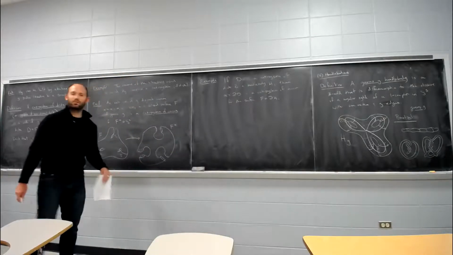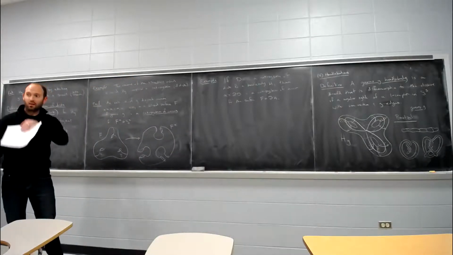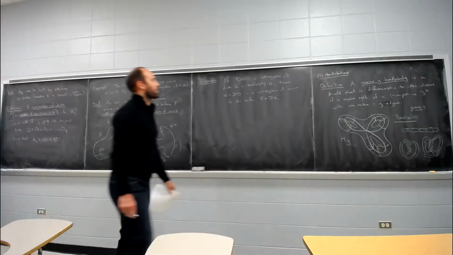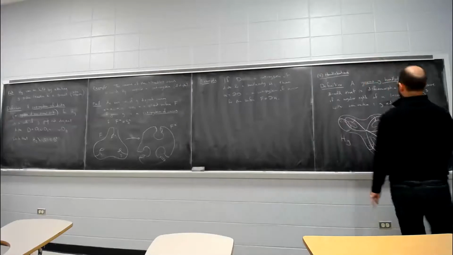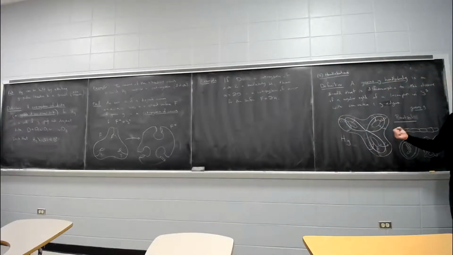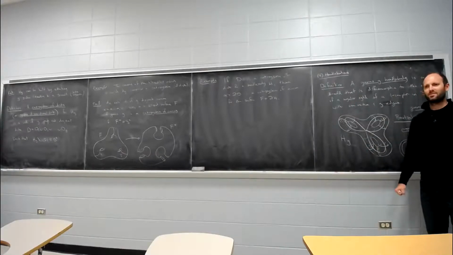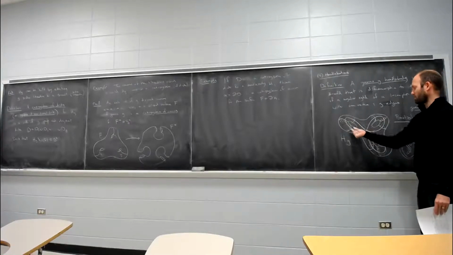Any questions so far? What is the definition of regular neighborhood? Yeah, so maybe here I mean like a small epsilon neighborhood, a tubular neighborhood. It's the word regular, which doesn't mean anything. It just means take a small tubular neighborhood.